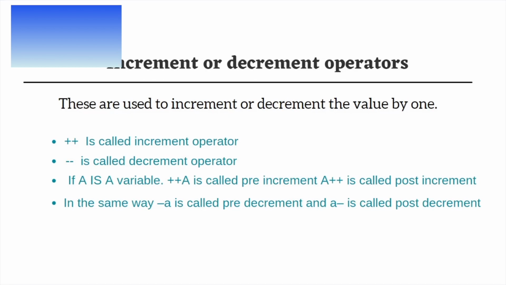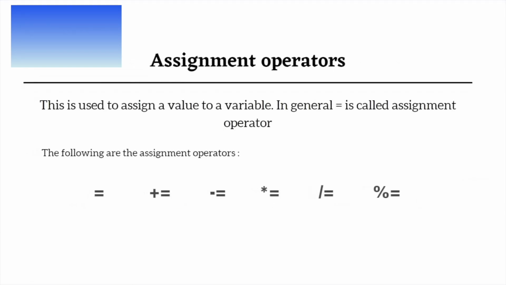Next come assignment operators. What is an assignment operator? This is used to assign a value to a variable. In general, the equal to symbol is called the assignment operator.